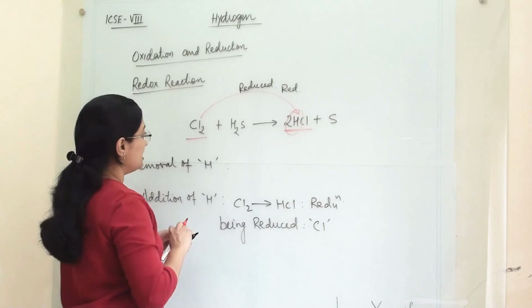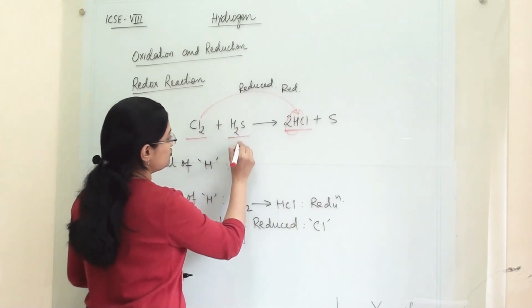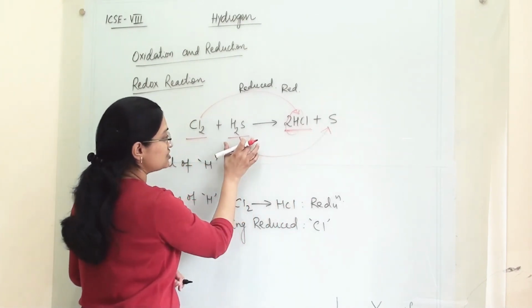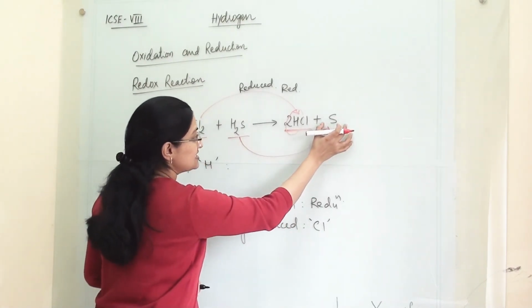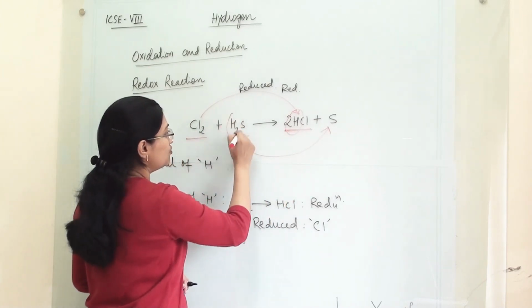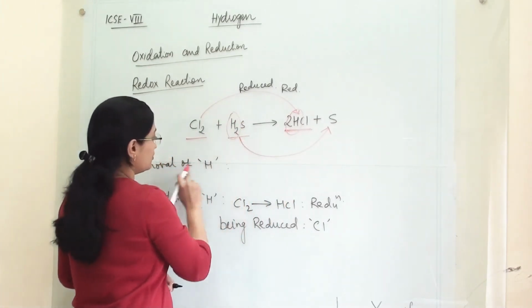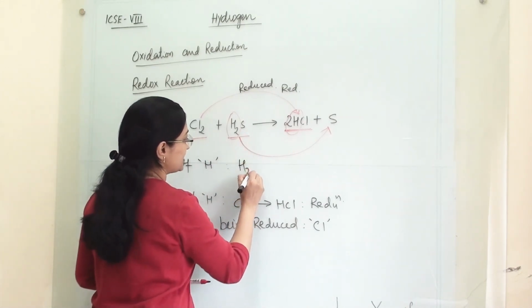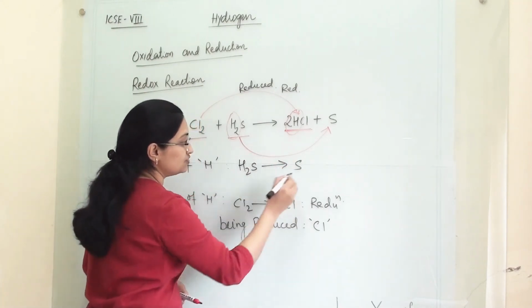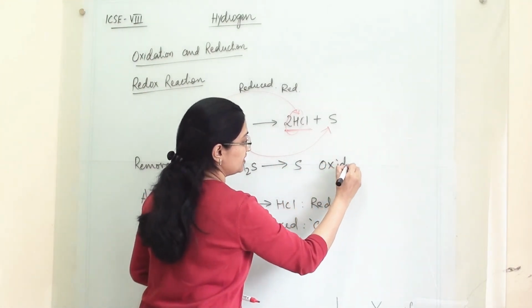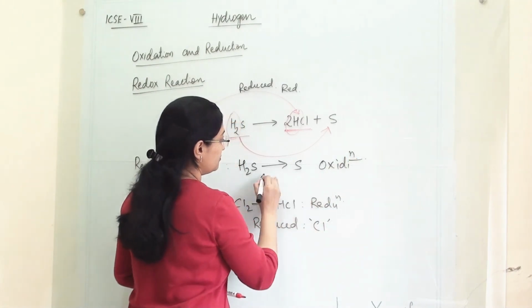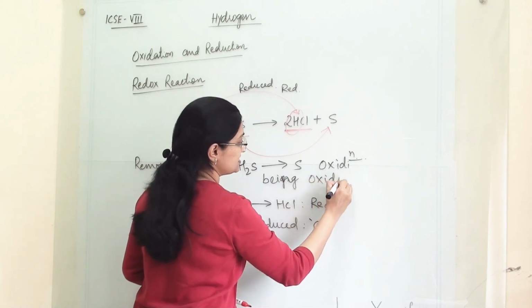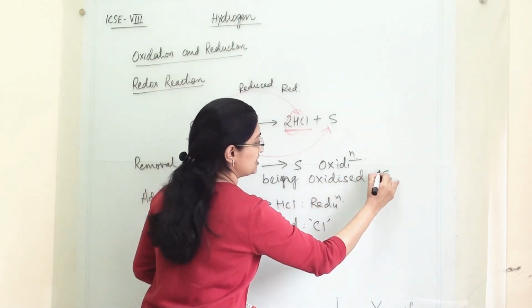Now we will see about H2S. This is H2S. After reaction it will become only S. So hydrogen sulfide will become only sulfur. So hydrogen has been removed from this. So removal of hydrogen is from H2S. So H2S has become sulfur. So this is oxidation reaction, and which one is being oxidized?